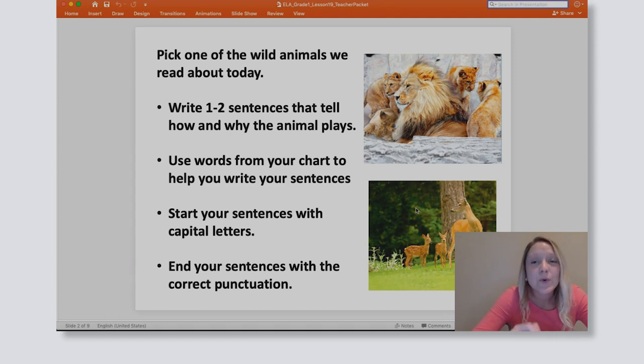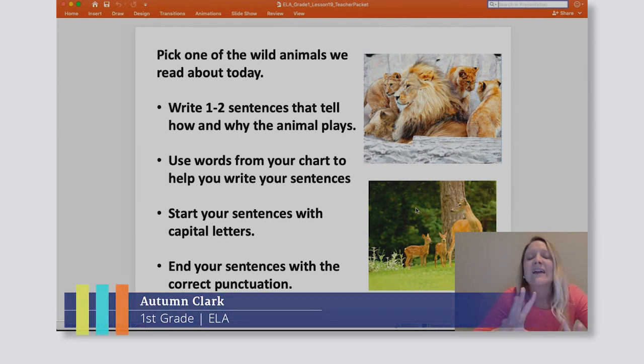And after we record our new information about this text and the baby animals that we're going to learn about, we're first going to begin with me showing you what that looks like. And then there's going to be some time for us to work together, and you can practice with my support. And finally, boys and girls, at the end, you'll get your own independent work time so that you can complete your writing after the video ends.